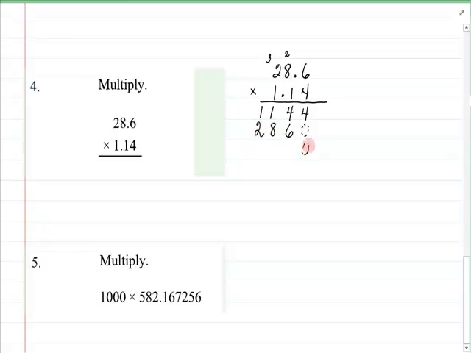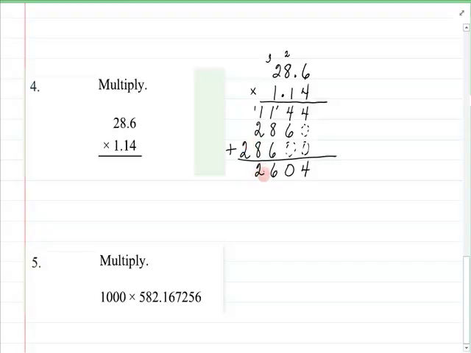2 placeholder zeros. 1 times 6 is 6, 1 times 8 is 8, and 1 times 2 is 2. Add the 4 and zeros for 4. 4 and 6 is 10, carry the 1. 1 and 1 is 2, and 8 is 10, and 6 is 16, carry the 1.